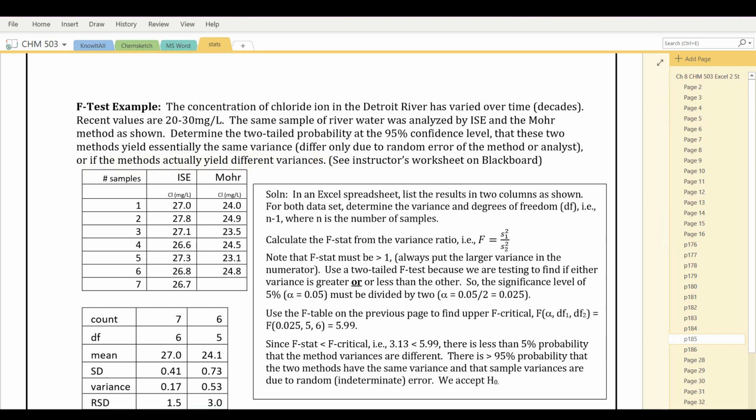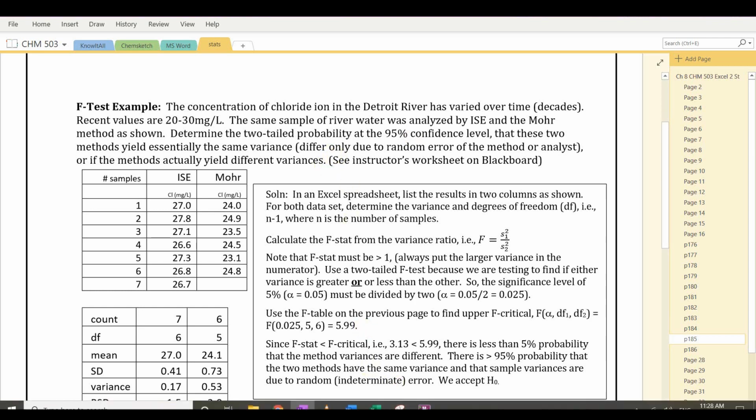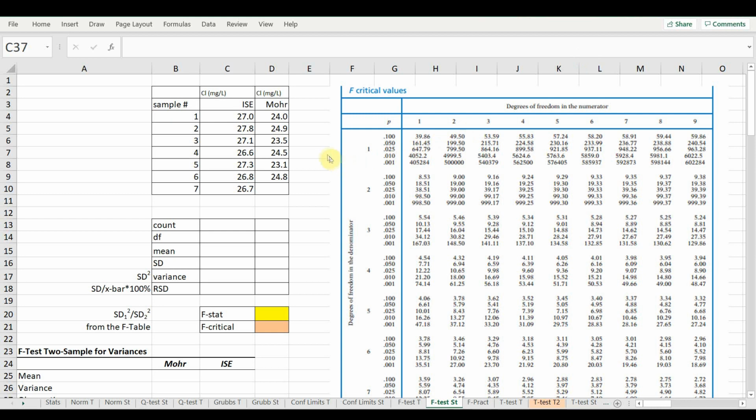We're going to work this out in an Excel spreadsheet, so we should go there now. Here's the Excel spreadsheet. It's labeled Excel Stats, and we're looking at the worksheet called F-Test. Let's fill in this table of values, and we'll determine if the variances of the two methods are the same or different.